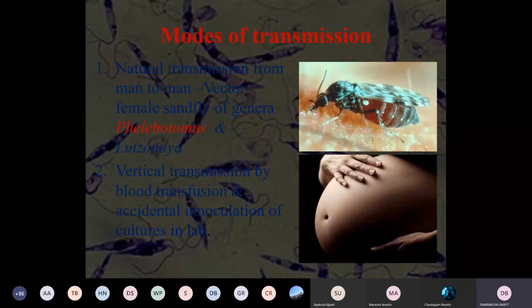Similarly, do we have any viral diseases which are transmitted by vectors? Anyone? Arthropod-borne disease. No, you should name the viral diseases or viral agents which are transmitted by vectors. Arthropod-borne diseases is right, but which viral agents get transmitted by vectors?